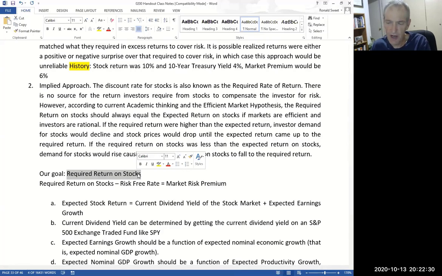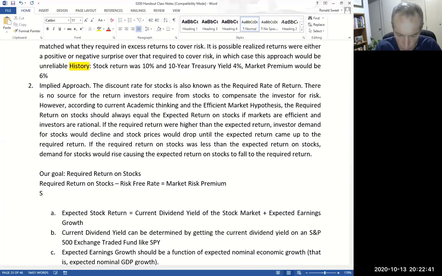They say the only way I'm going to buy stocks is if they make at least 8% or 9%. That's my required return to cover me for risk. We don't know what that number is. So we're going to substitute the expected return on stocks for the required return on stocks.